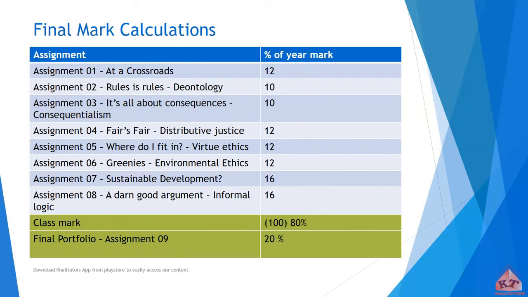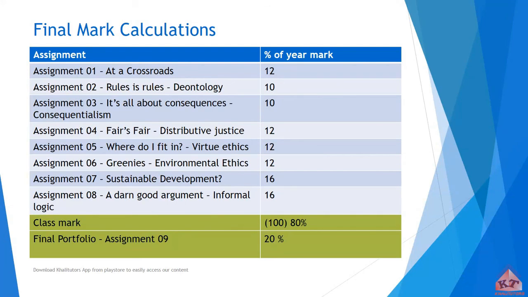This means that if you got 100% for all of your assignments, you will have 80 marks, which will already be waiting to be added to the portfolio exam mark. Okay, so your portfolio exam only contributes 20% towards your final mark. But there is a condition.